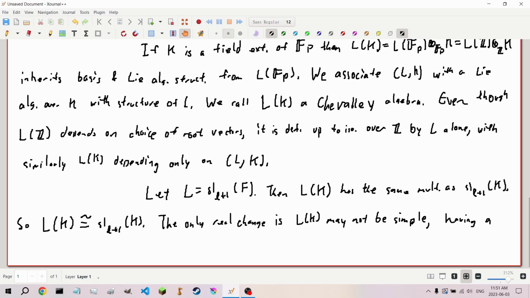Having a 1D center of scalar matrices when the characteristic of K divides L plus 1.